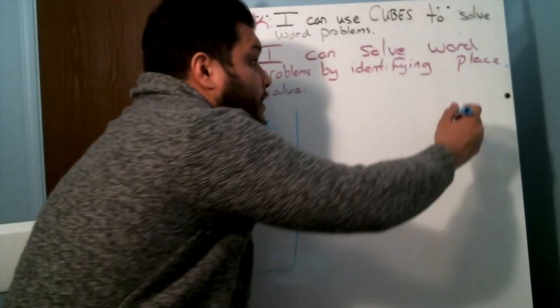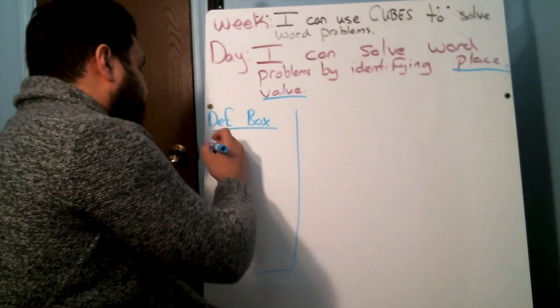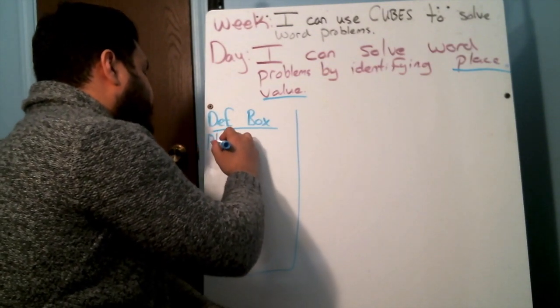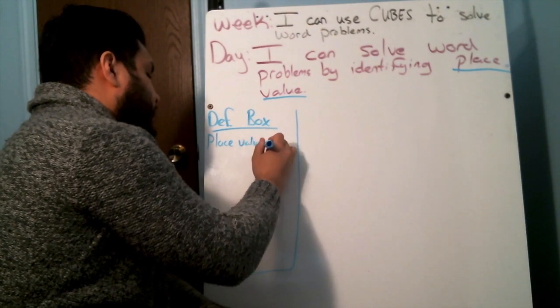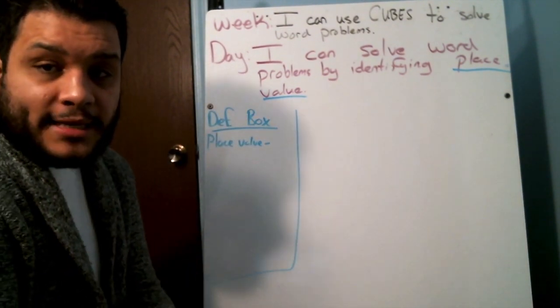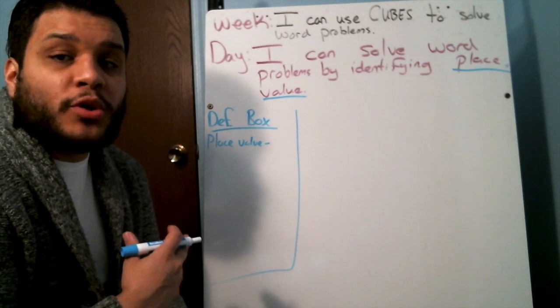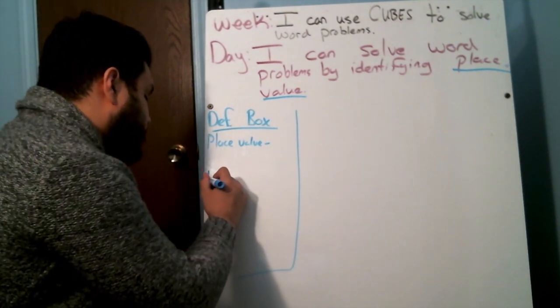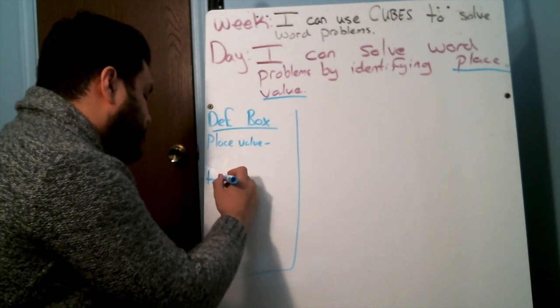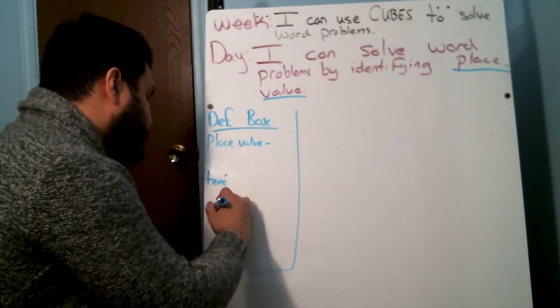Obviously, our first keyword is place value. We need to be able to identify what place value is and define it. We're also going to focus on two different places: the tens place and the ones place.